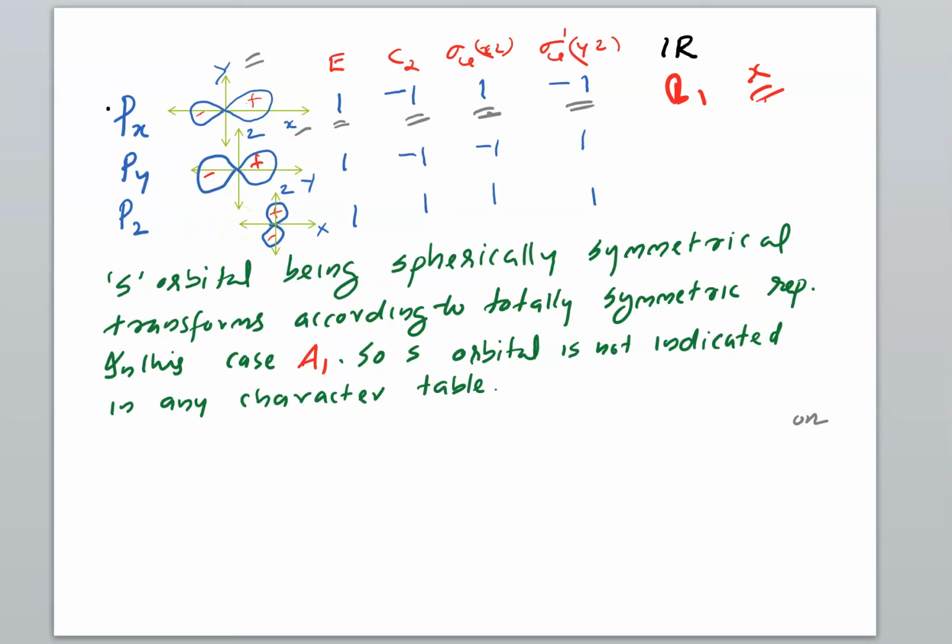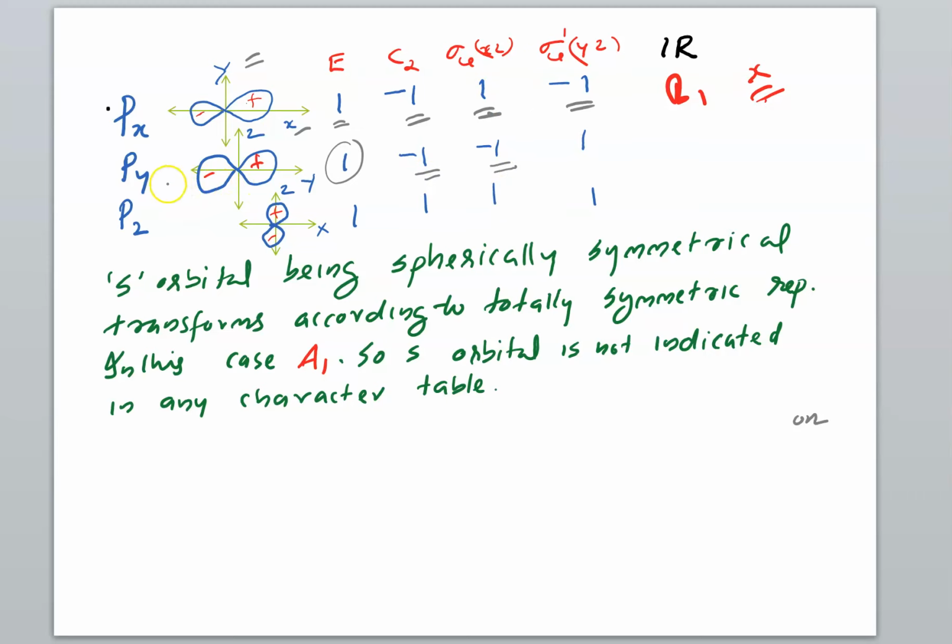And the py orbital. Similarly, in the case of the py orbital, plus and minus signs here, it is along the y axis. E no change. C2z is an axis perpendicular to this orbital, therefore plus and minus interchange, therefore minus 1. Sigma v xz interchanges, minus 1.